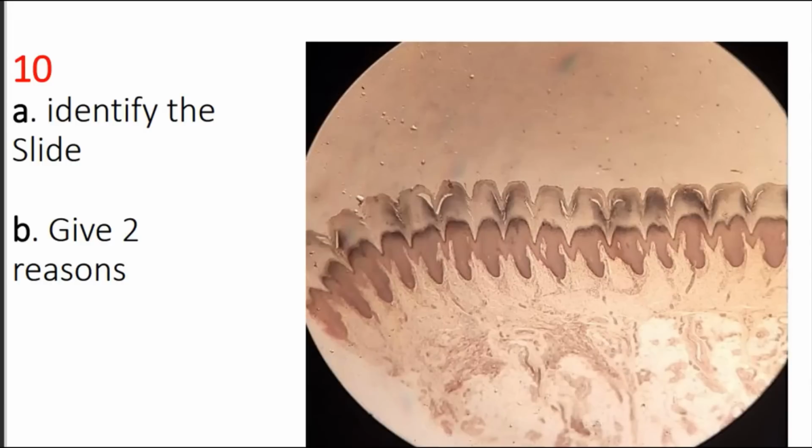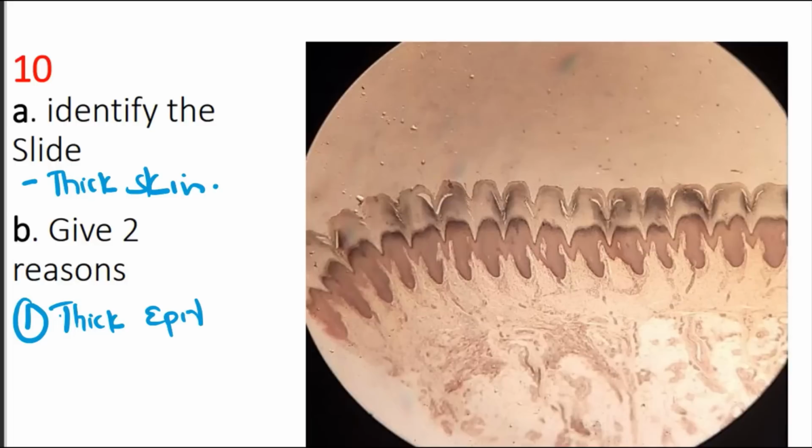Identify this slide. This slide is thick skin. Give 2 reasons. 1, it has a very thick epidermis because it has 5 layers; the presence of the stratum lucidum makes it very thick.